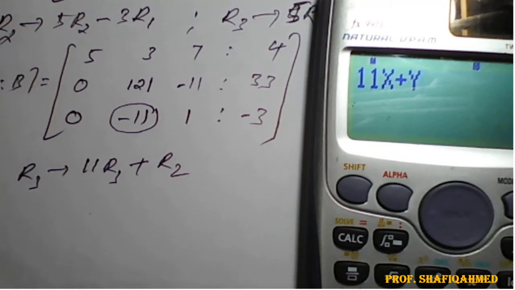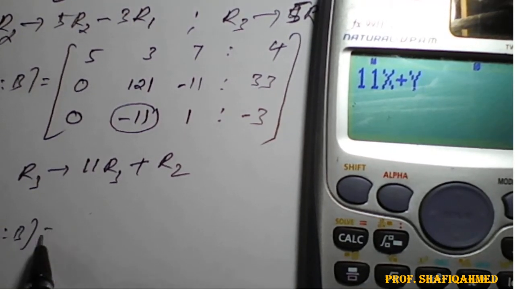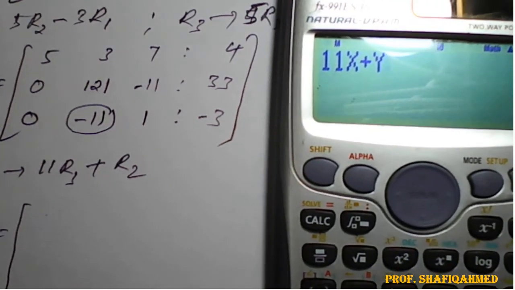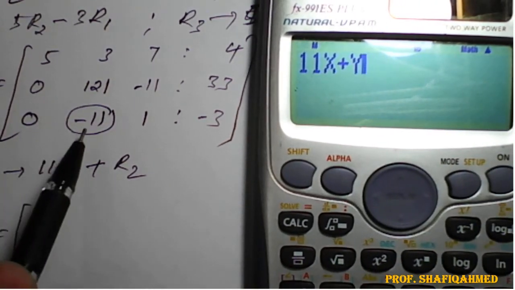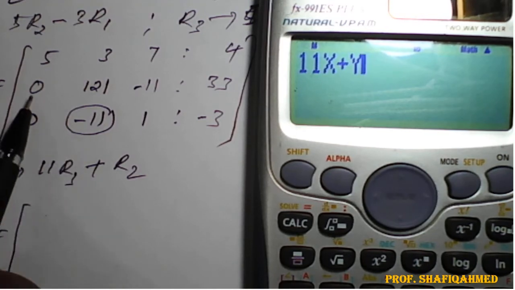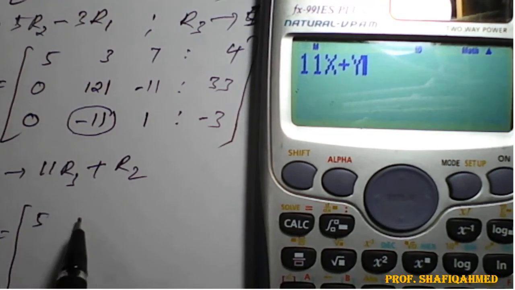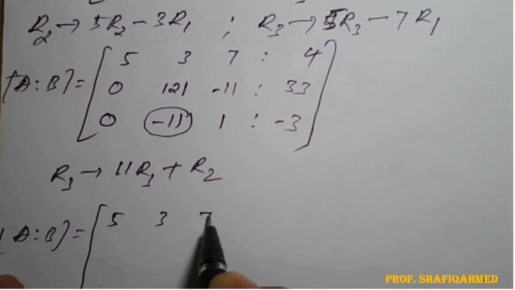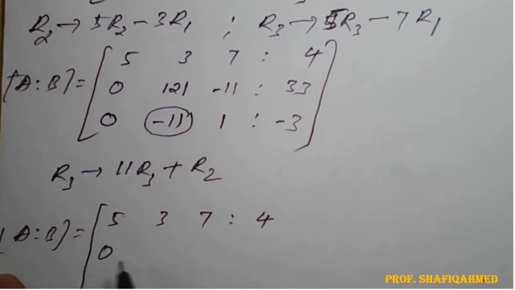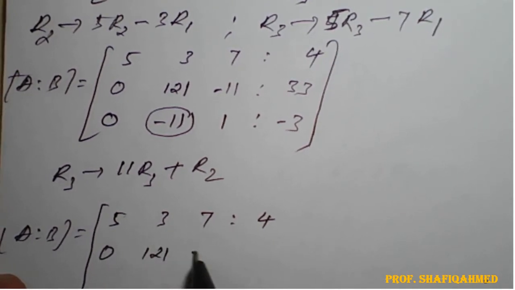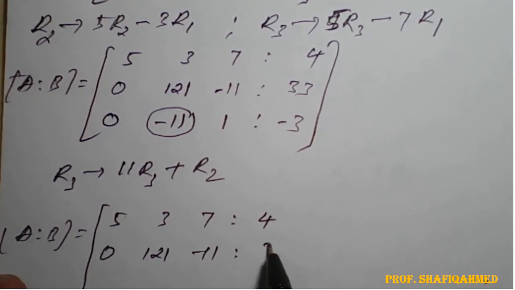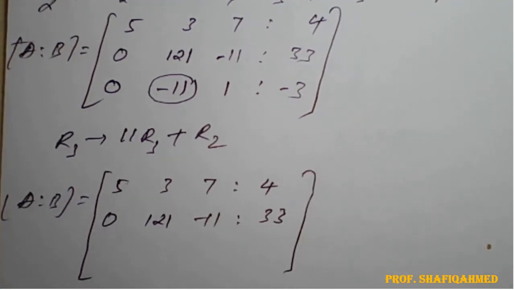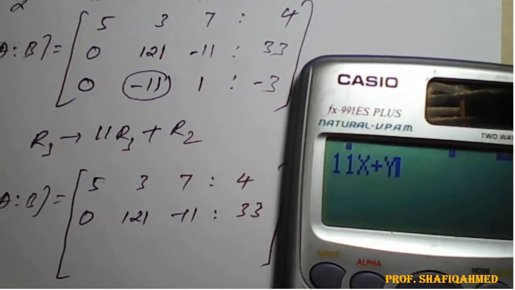So therefore augmented matrix is, okay, augmented matrix is x value is 0 0. So first row is as it is 5 3. First row, second row will write as it is 7 equal to 4 0 121 minus 11 equal to 33, and third row we are using the formula we need to write now.